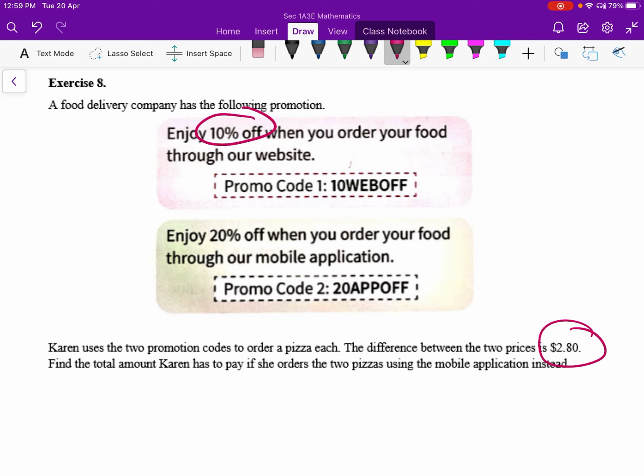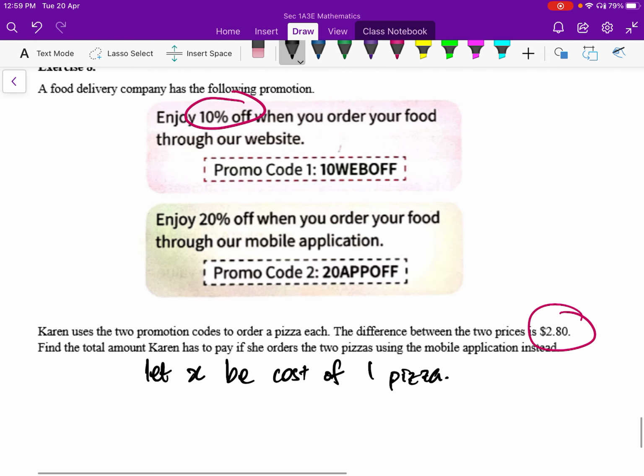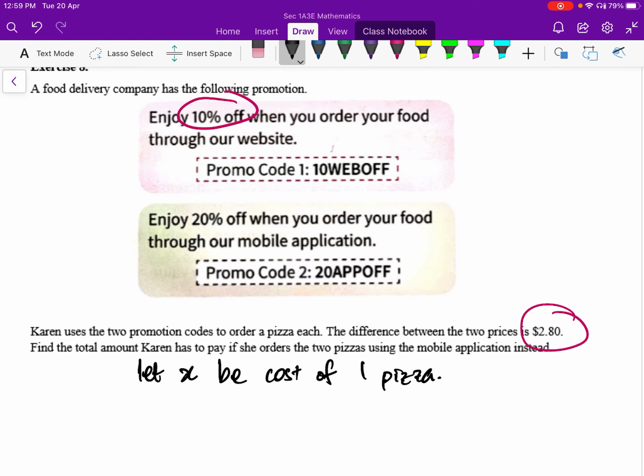What shall we let it be? Let x be the cost of one pizza. So the cost from the website will be 0.9x because that's 10% off.